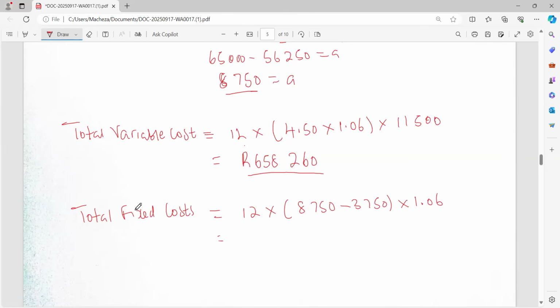How much are we going to have in terms of total fixed cost? So we first minus, then we multiply. This is going to be 63,600, right?